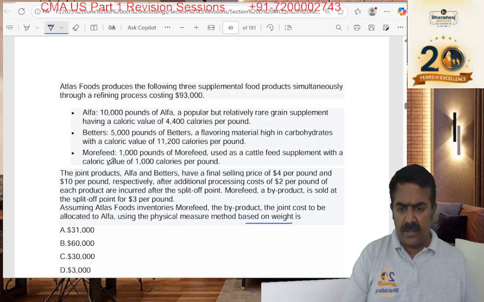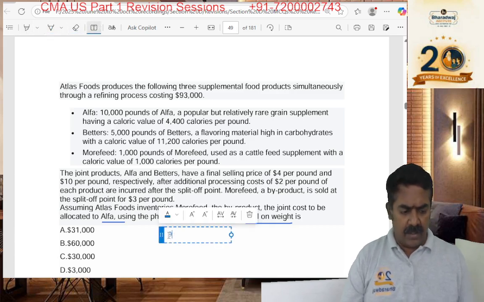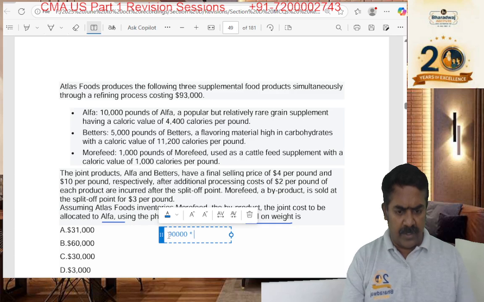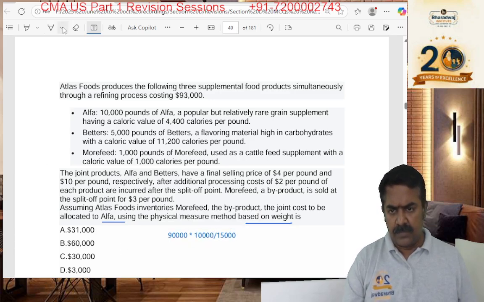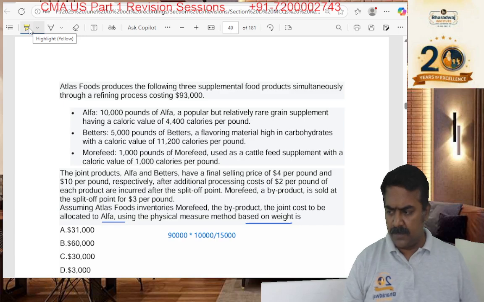Based on weight for alpha, we know only the joint cost of 90,000 is to be allocated. For alpha it will be 10,000 divided by 15,000 into 90,000. The answer is 60,000.